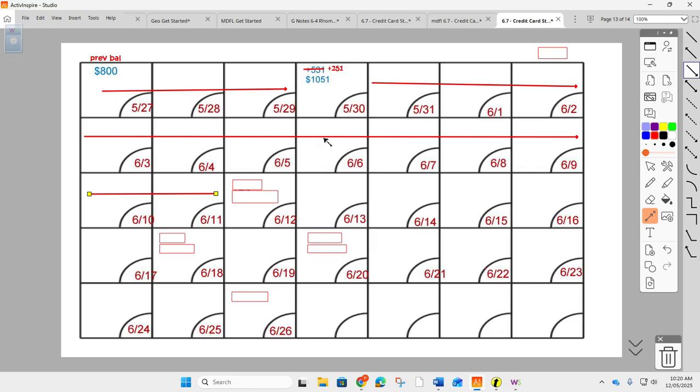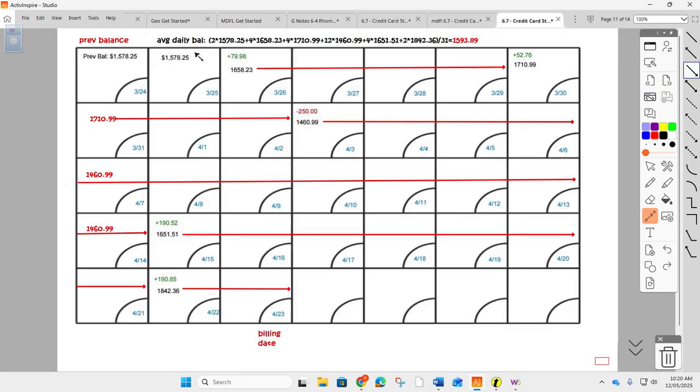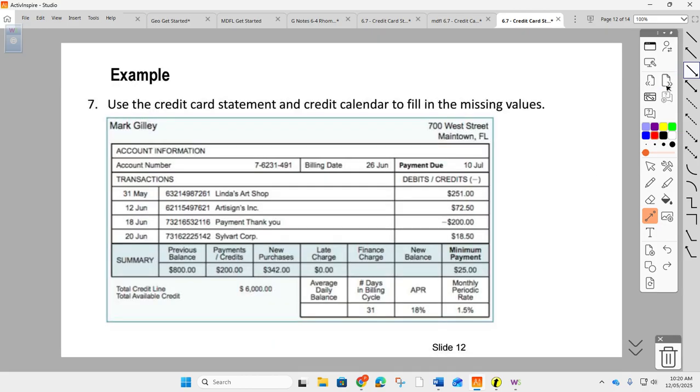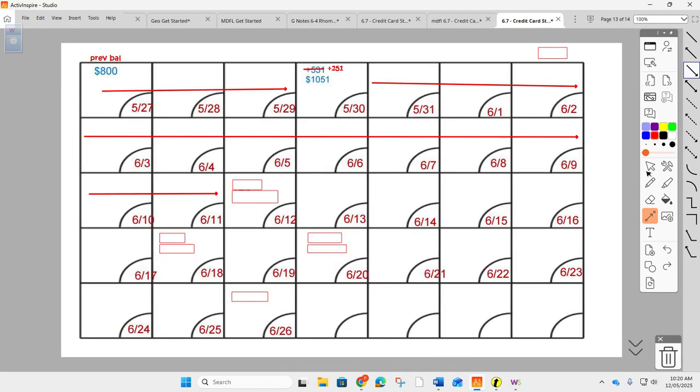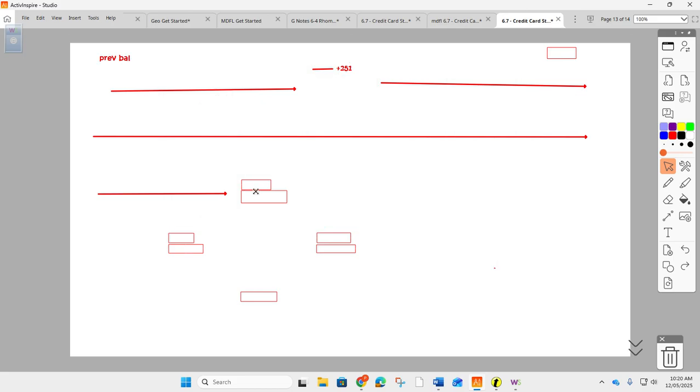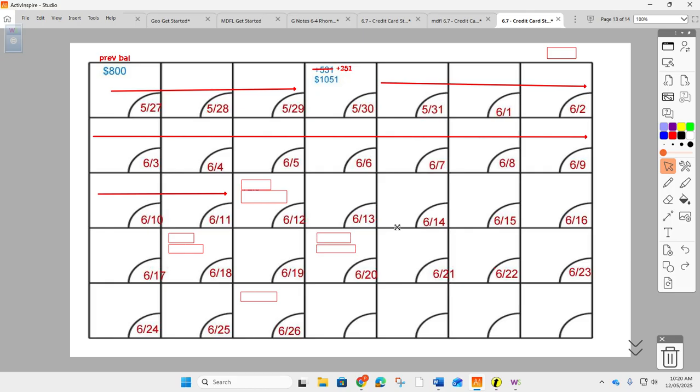It stayed at 1051. FYI, if you add up all these numbers that we multiplied by, they're going to all add up to 31. There were 31 numbers. You know, we use multiplication for a shortcut, but here, they made another purchase, brought their balance to here.